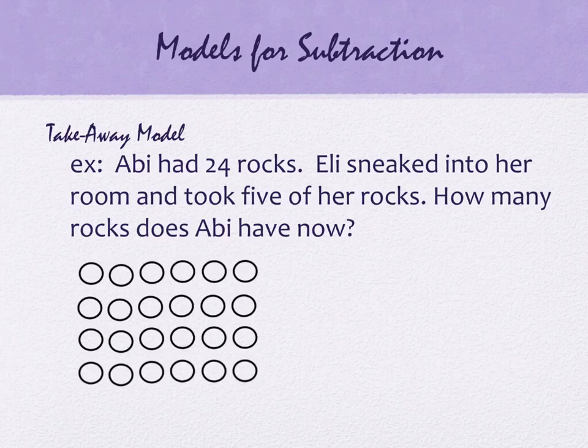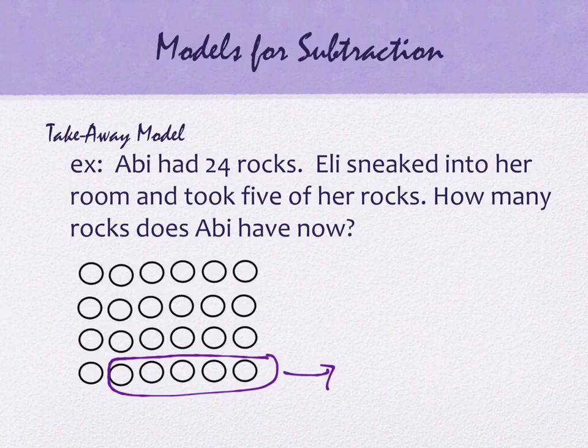I think I have 24. So I have my 24 rocks, and with the takeaway model, I have them already, and then I'm going to remove something. In this case, I'm going to remove 5 of them. There we go, there's 5 of them.